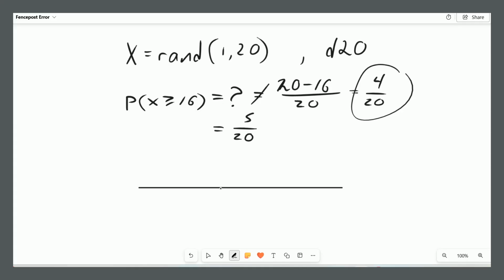If we imagine our number line, and there's our 15, 16, 17, 18, 19, and 20, we have 1, 2, 3, 4, 5 different options, because the options of where the dice can land are the cuts made through this number line.